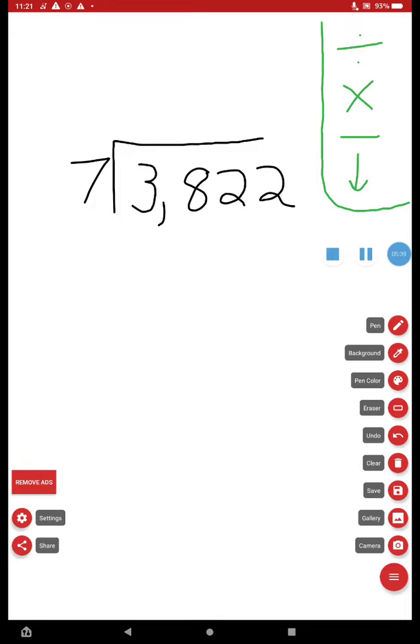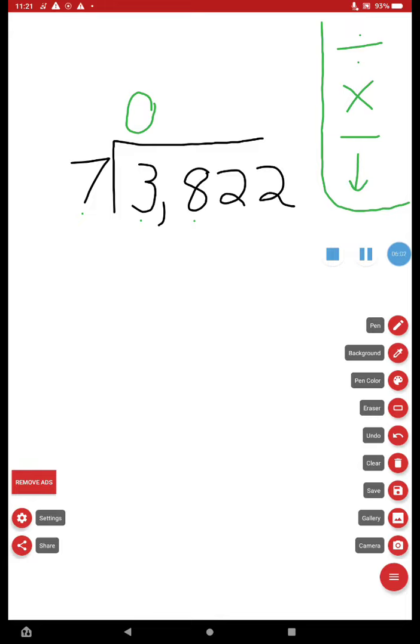First, let's divide. What is 3 divided by 7? You might ask yourself, can 7 fit inside of 3? Nope. If I had $3 and I'm trying to divide it amongst 7 kids, every kid would get $0, right? So now we go over to 38.